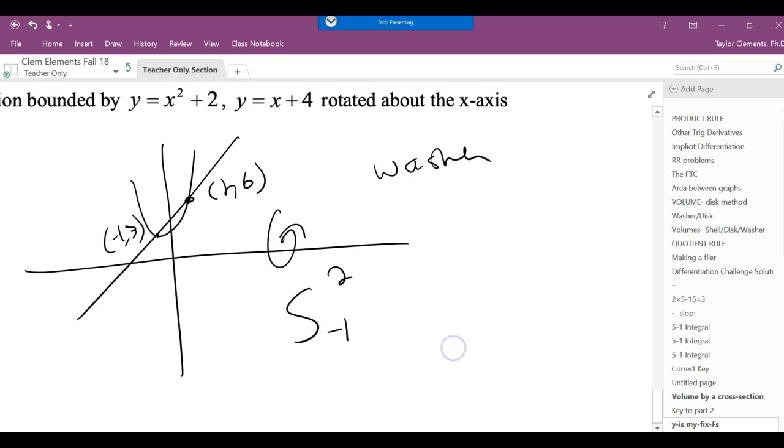Let's see, the outside one's going to be x plus 4. So pi, or let me keep pi on the inside of this. Pi r squared minus the inside one, which is x, so minus pi x squared plus 2 squared. That's it.